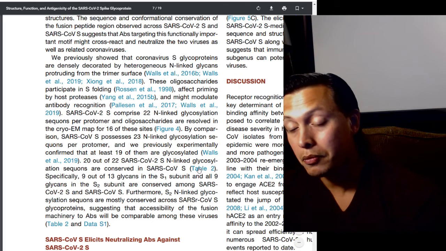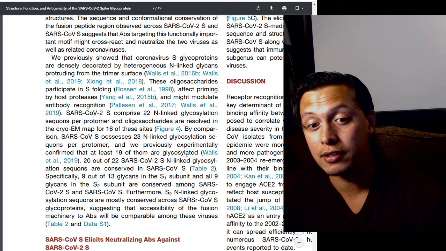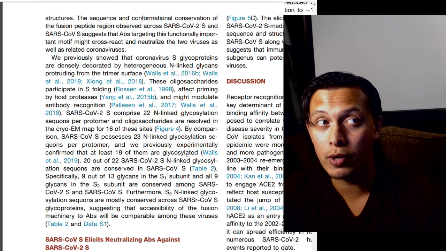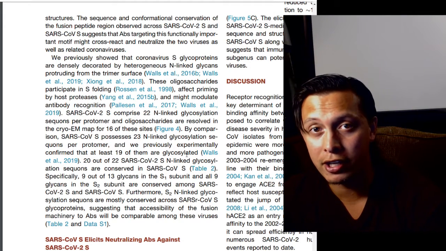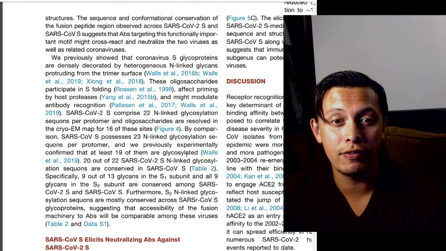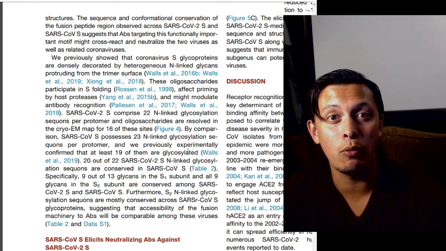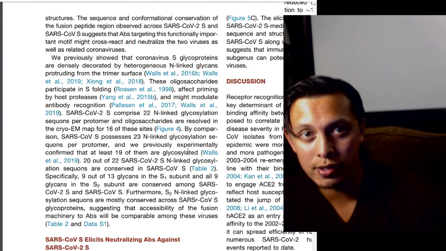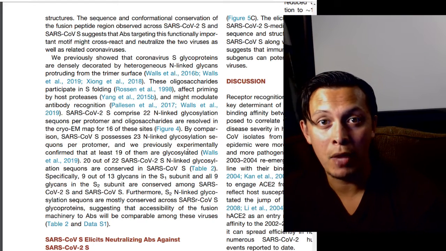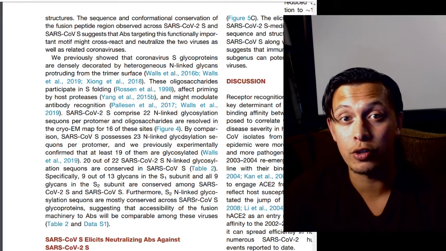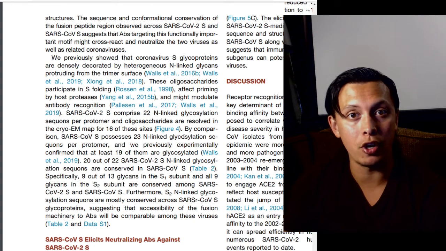So they're arguing that between the original coronavirus spike glycoproteins, they have a lot of sequences that would indicate that they are glycosylated, and 20 of them are conserved in the new SARS coronavirus as well. So there's a lot of matching going on.